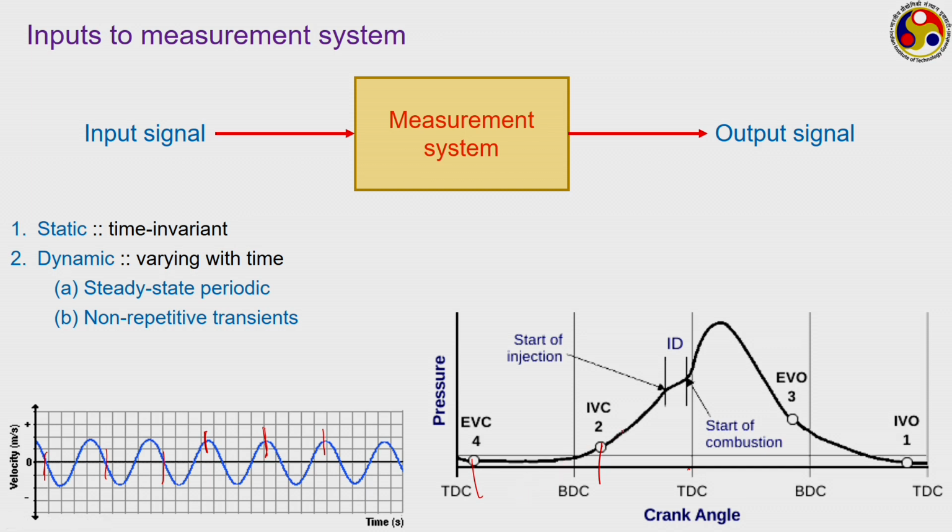Then the compression starts, and as the piston is coming back towards the top dead center, the pressure keeps on increasing. Somewhere here we put the injection, and so there is a rapid increase in the pressure, quickly reaching the maximum pressure, which generally also corresponds to the maximum temperature, slightly after the TDC location, somewhere here.